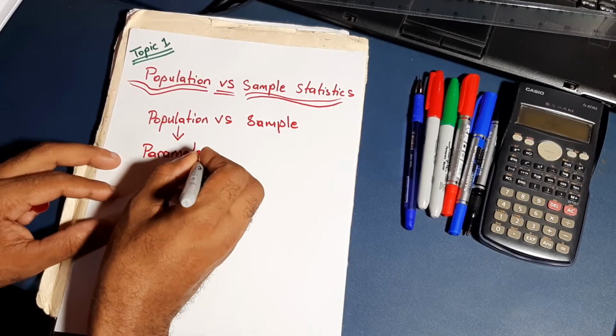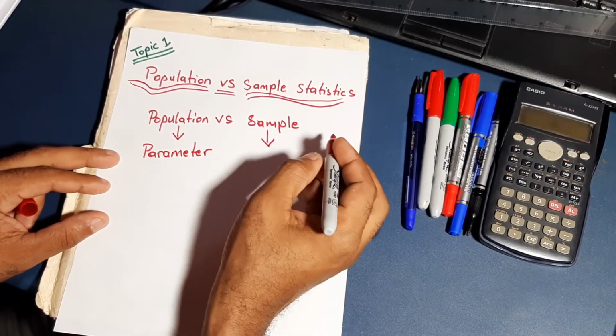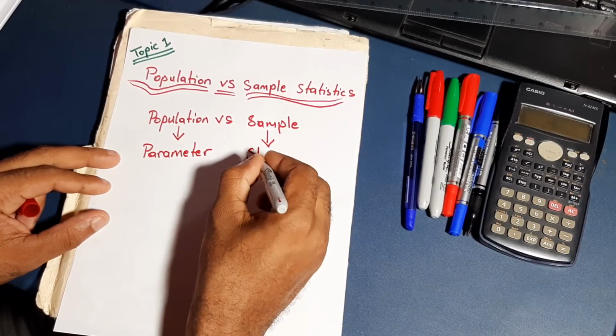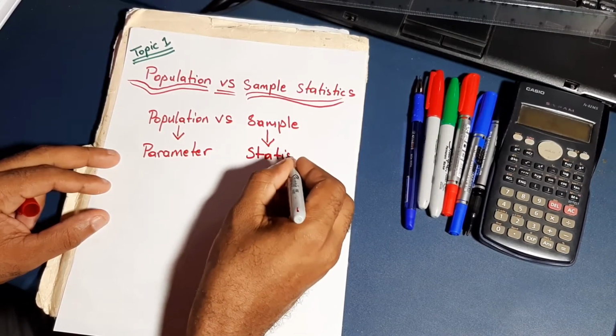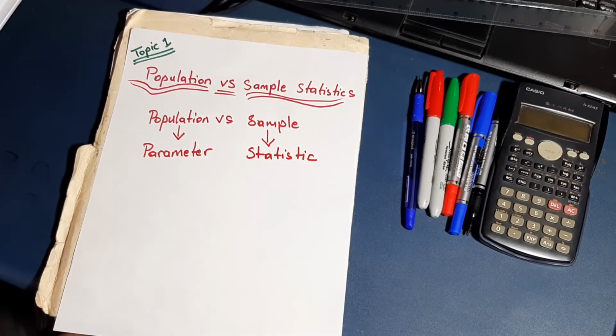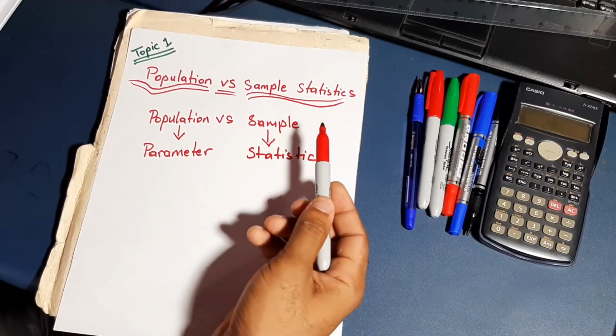If we're going to calculate one feature of the sample, this is called a statistic. Statistic without the S. If we say statistics, we're referring to the broad topic.